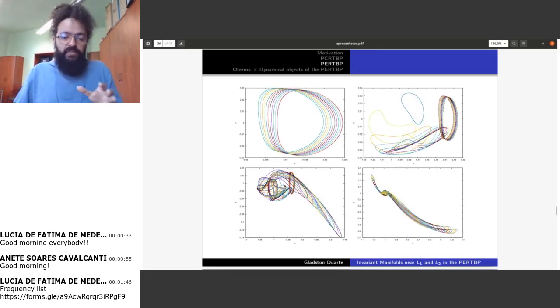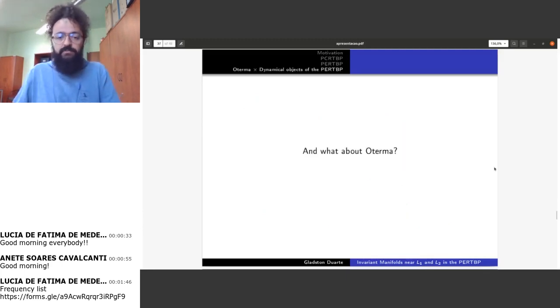Again, see how it folds itself in a not so trivial way, and also how it escapes, say, this region here around Jupiter. It escapes. And well, we can compute many more, but again, those are just illustrations of it.